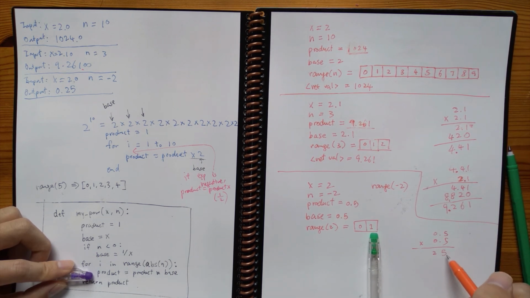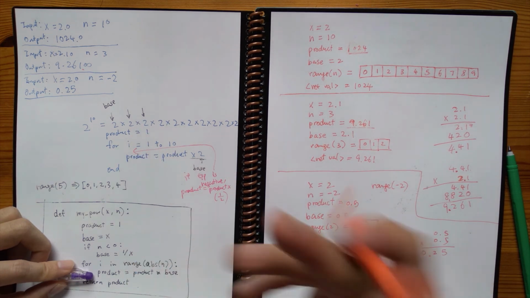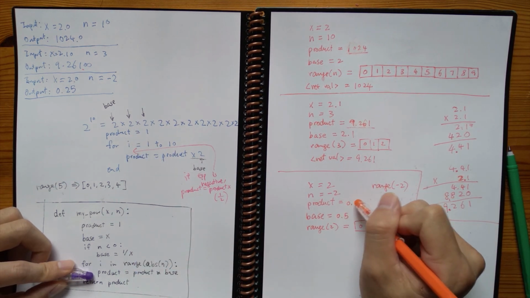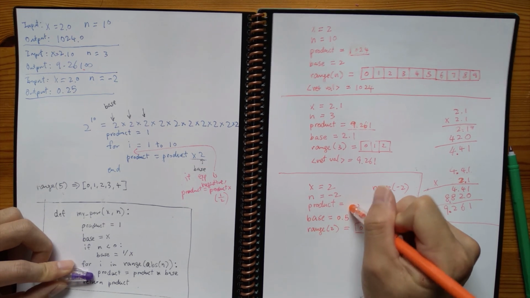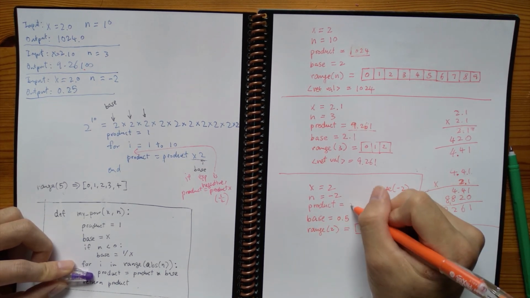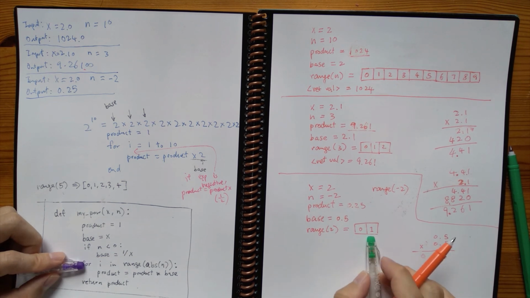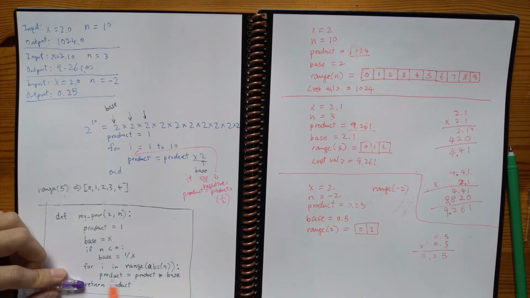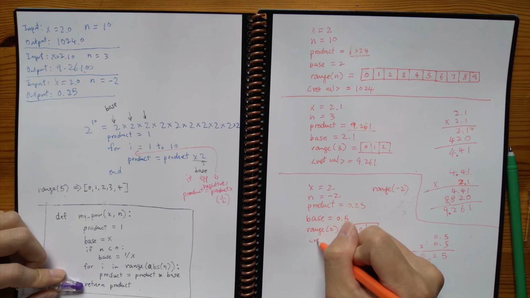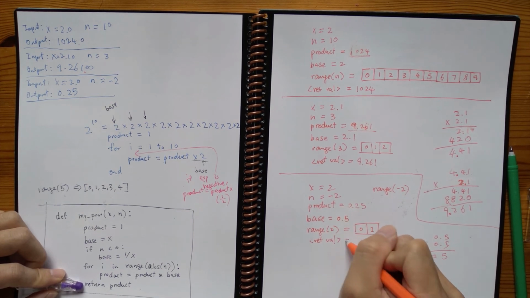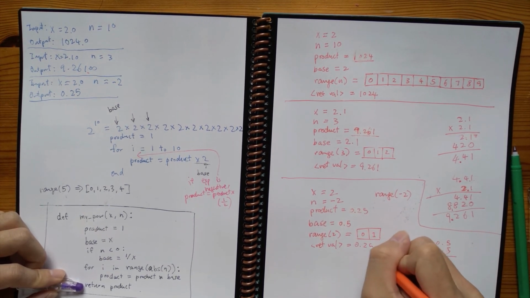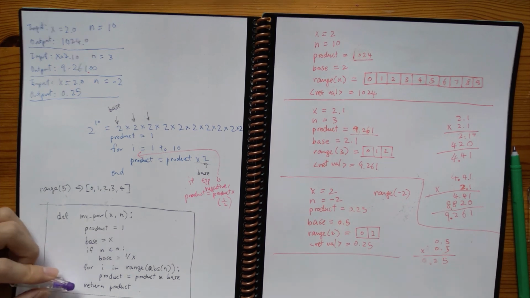And we have to shift the decimal point over 2 places because there are 2 places combined. So 0.25 is the product. And then this is the end of the range. So we're going to jump out of this for loop and return the product. So return value is 0.25. And that is the expected answer.